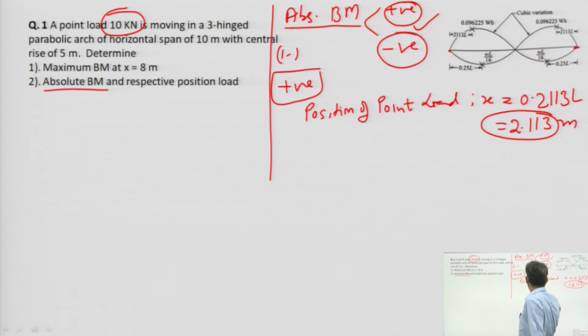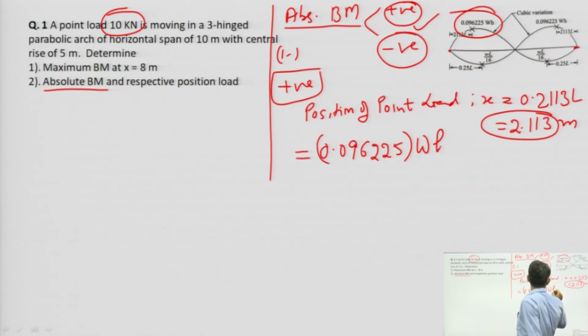And what is the value? The value can be calculated either manually or directly using this. The maximum value is 0.096225 into W into L. W is 10 and L is 10, so 10 times 10 is 100, so it is 9.6225 kilonewton meter.